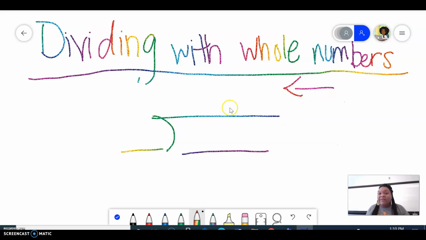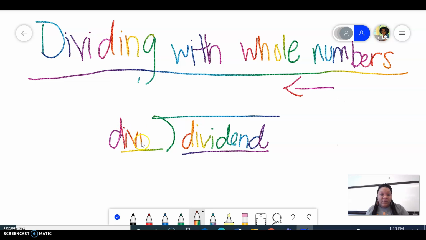If we were to think of this as a house, inside of this house is our dividend, the outside of our house is our divisor, and the answer to a division problem is our quotient.